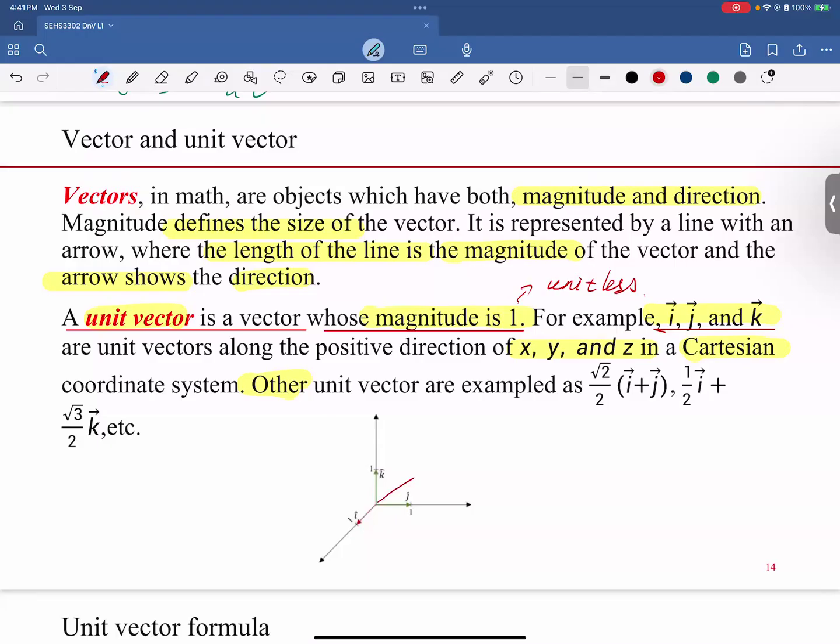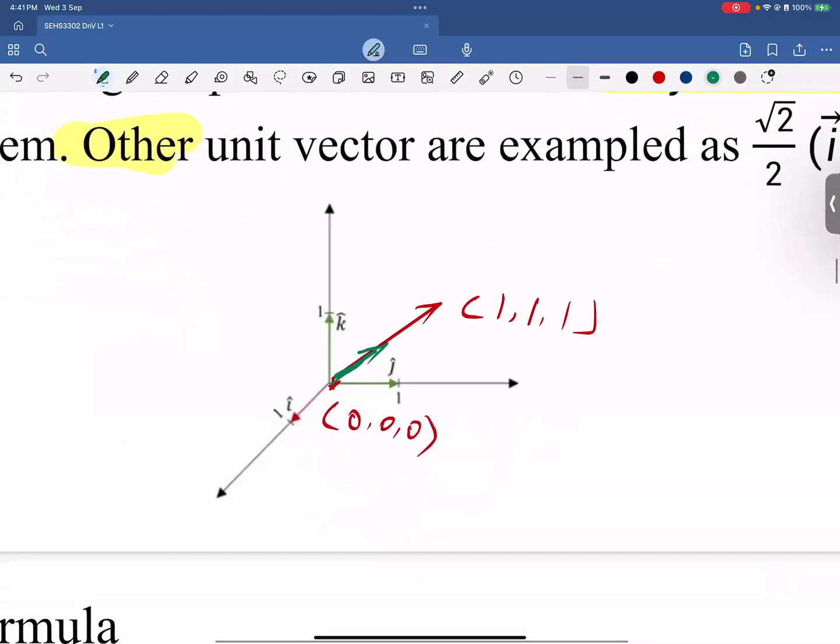And if we have another one here from 0, 0, 0 to 1, 1, 1. This is also a direction. But is there a unit vector on this direction? Of course, we can draw it, right? We can visualize this is also a unit vector, right?